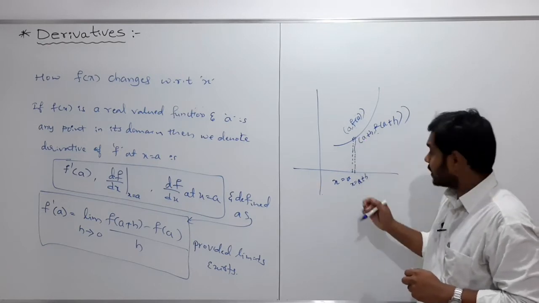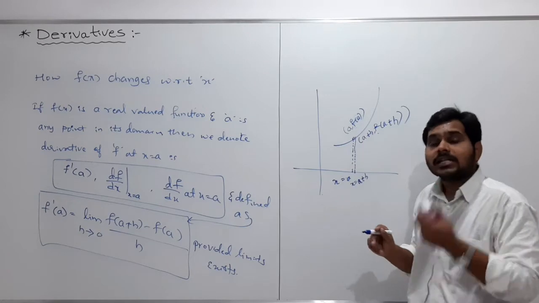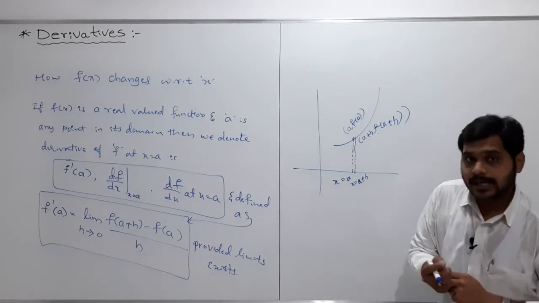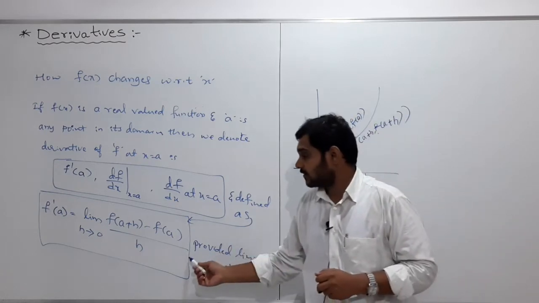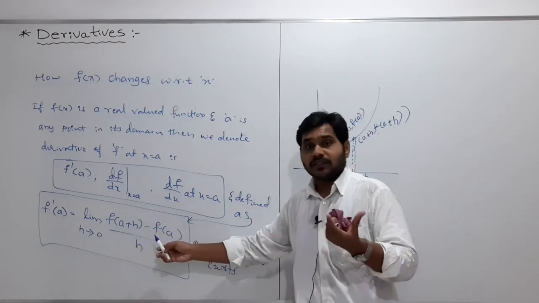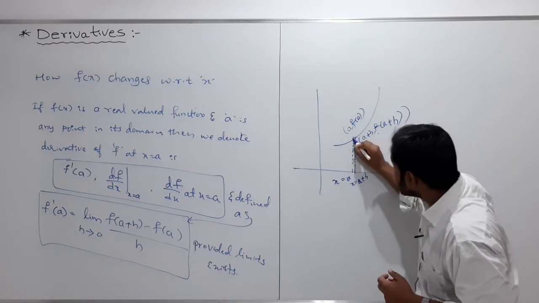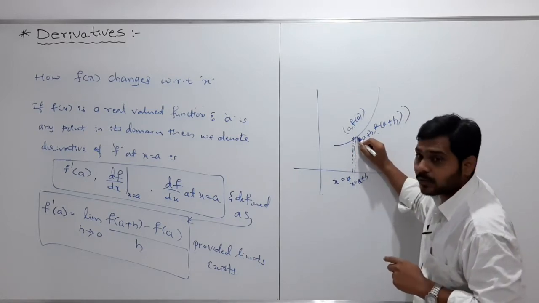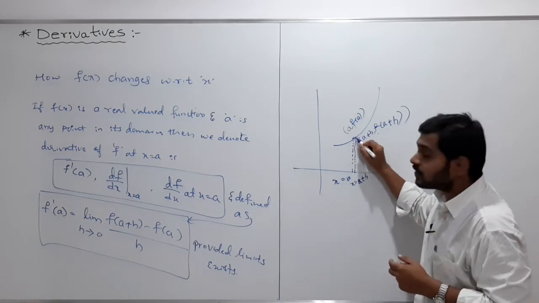This is another coordinate, where we increased by h, a very small positive value. So we write the definition as the difference: how the function is changing from this point to this point. To calculate the change we should take the difference.